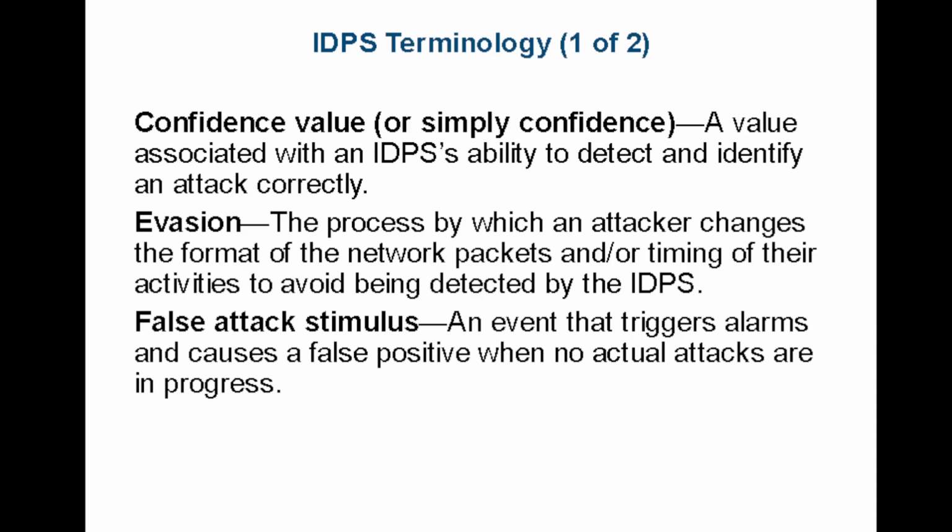How confident are you in determining that it is an attack? How can systems evade the attack? Do you have some sort of false attack stimulus? Let me turn on my little pointer here.